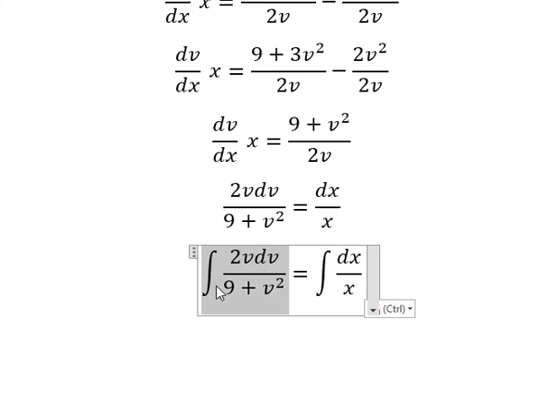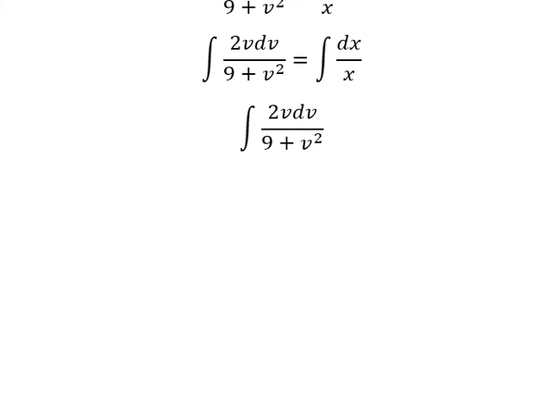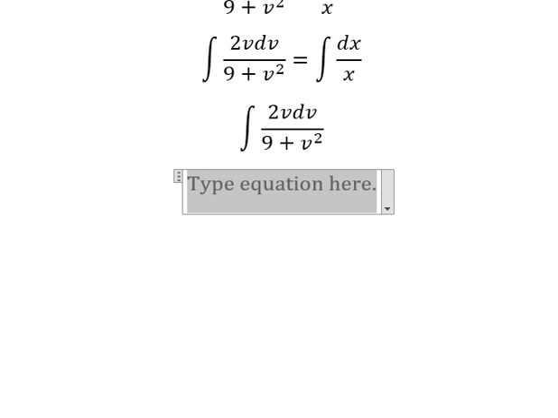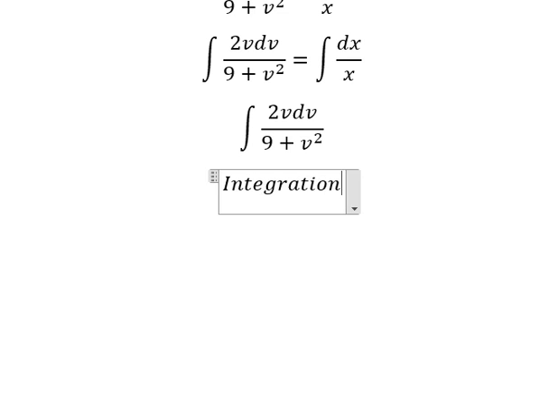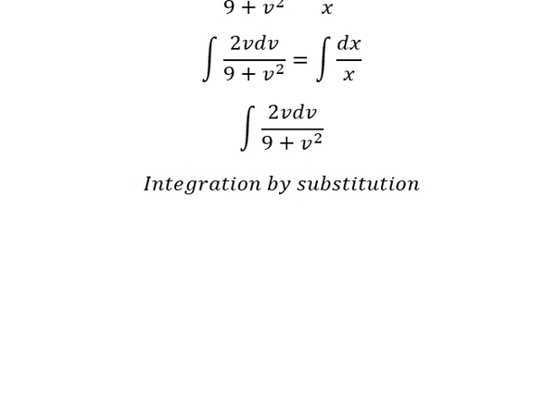Now I will concentrate on this one. So we need to use about integration by substitution. So I will put about u equals to 9 plus v squared. Later that we do first the derivative for the both sides.